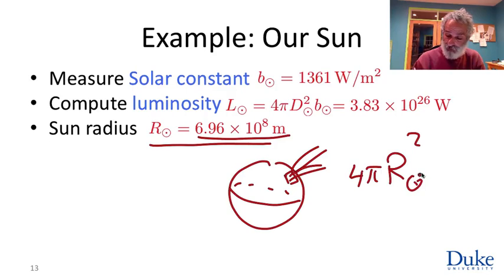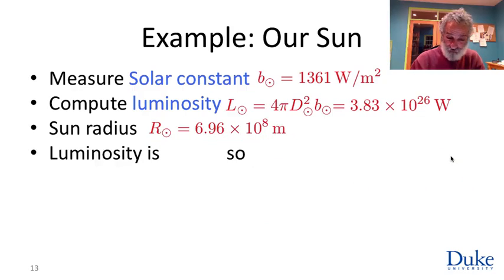If I multiply that by the flux, the amount of power in watts emitted by each square meter, this should equal L. Since I know the radius of the sun and the luminosity, the total amount of energy that's being emitted, I can figure out the flux that each square meter emits. The nicest way to do this is to use a scaling relation as usual.